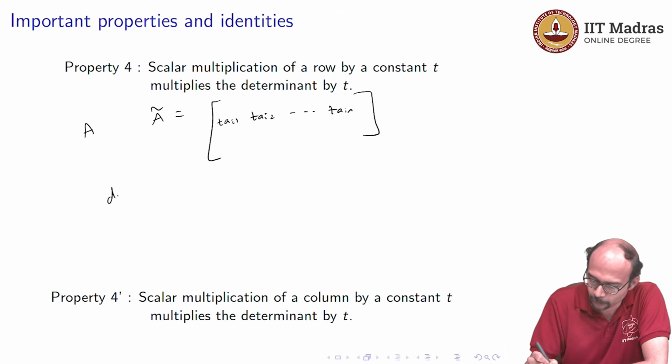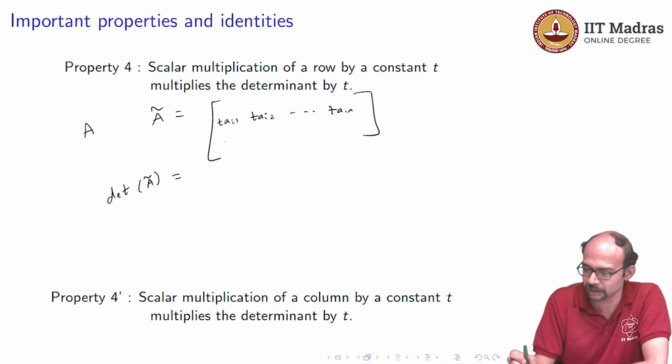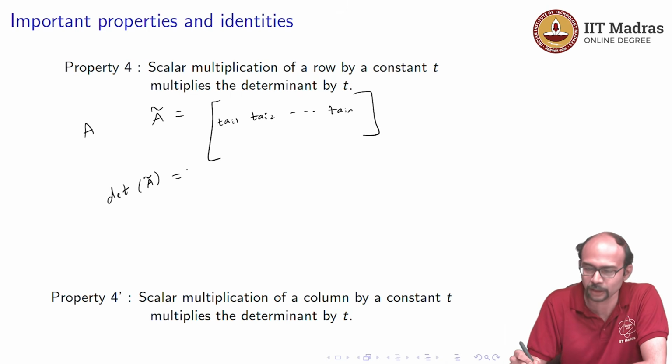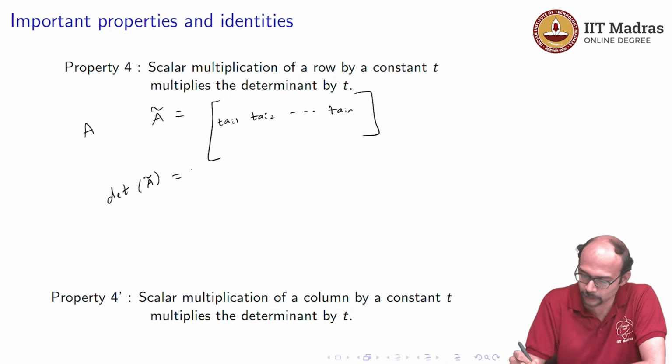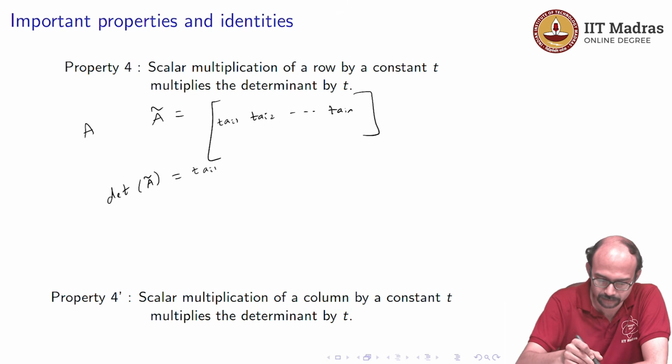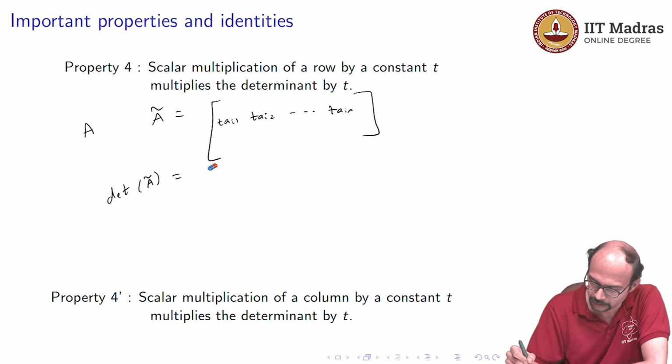So then what you do is you expand using the ith row. Okay, so if you expand using the ith row, you get t times ai1. Before that, there's a sign which I should have included.